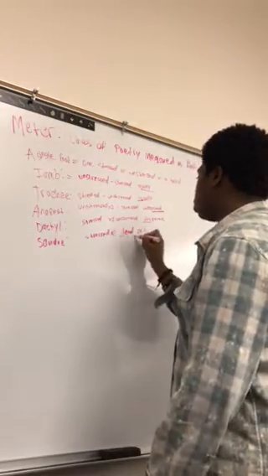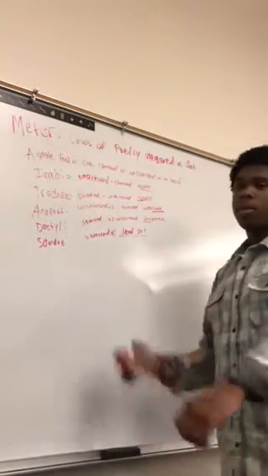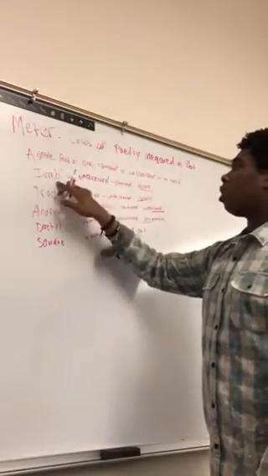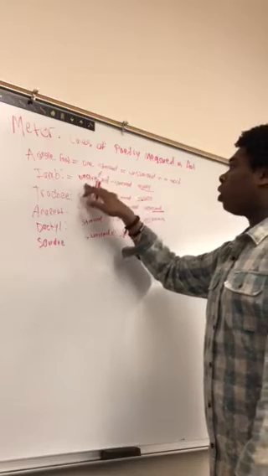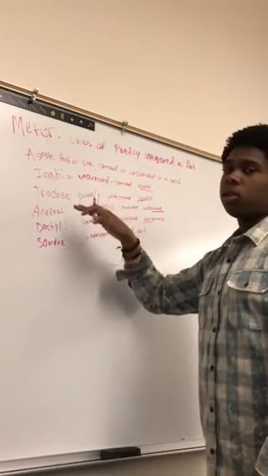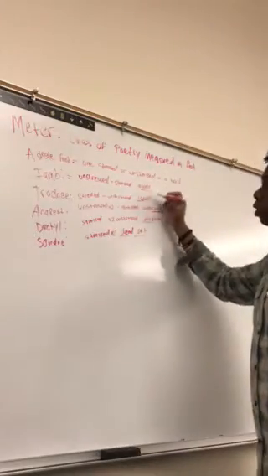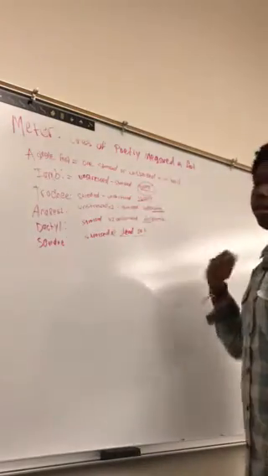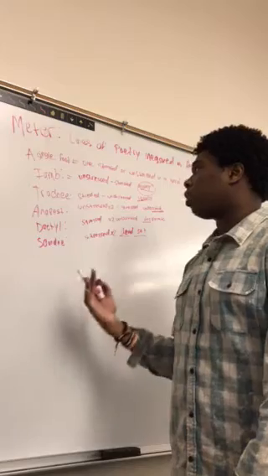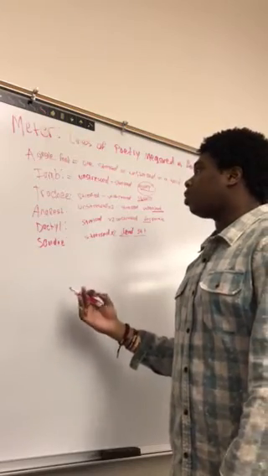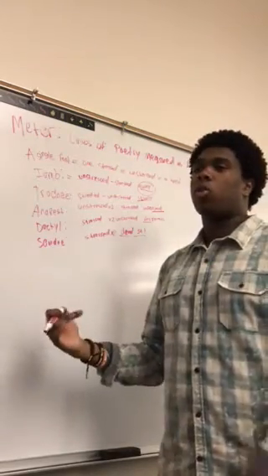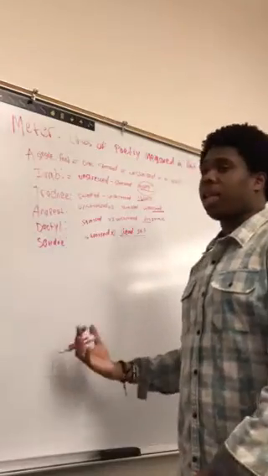So dead set. Now remember, the amount of iambs you have in one line is the amount of feet you have. So let's say you have 3 iambs, 3 iambic words. That makes your line have 3 iambs. So that would make it a trimeter. So we'll get into that later because that is the line length.